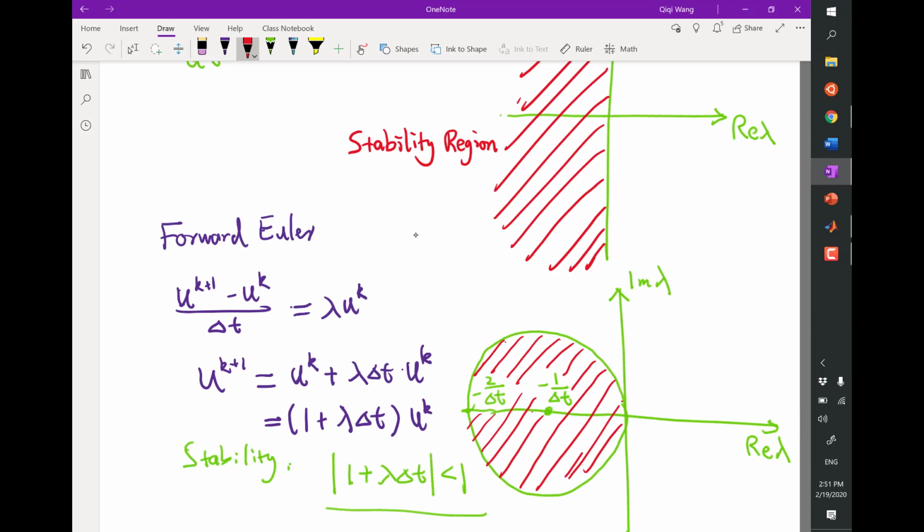Not in this case when we are solving a scalar ODE, but when we are solving a coupled system of ODEs, it could be the case that an eigenvalue in the coupled system can be very, very negative and cause forward Euler to have problems. We're going to see that pretty soon.